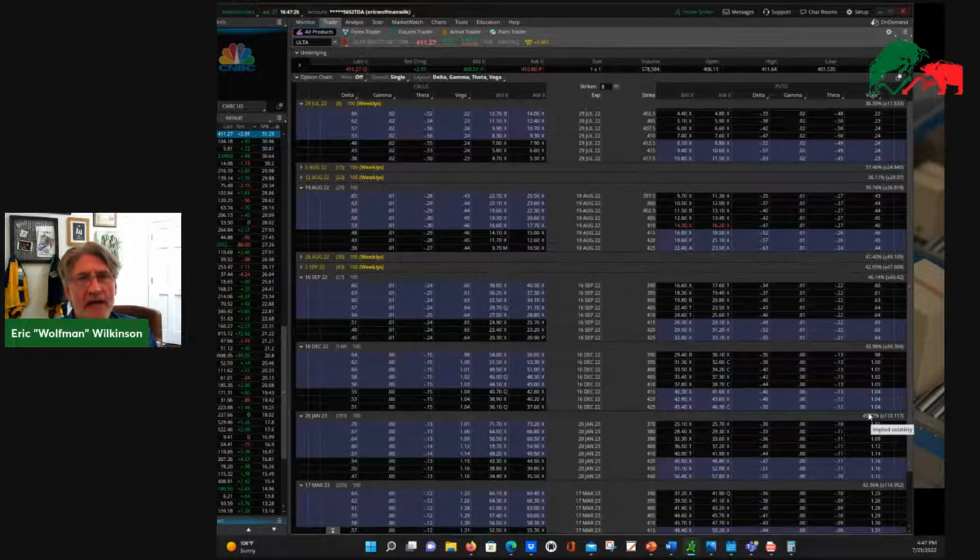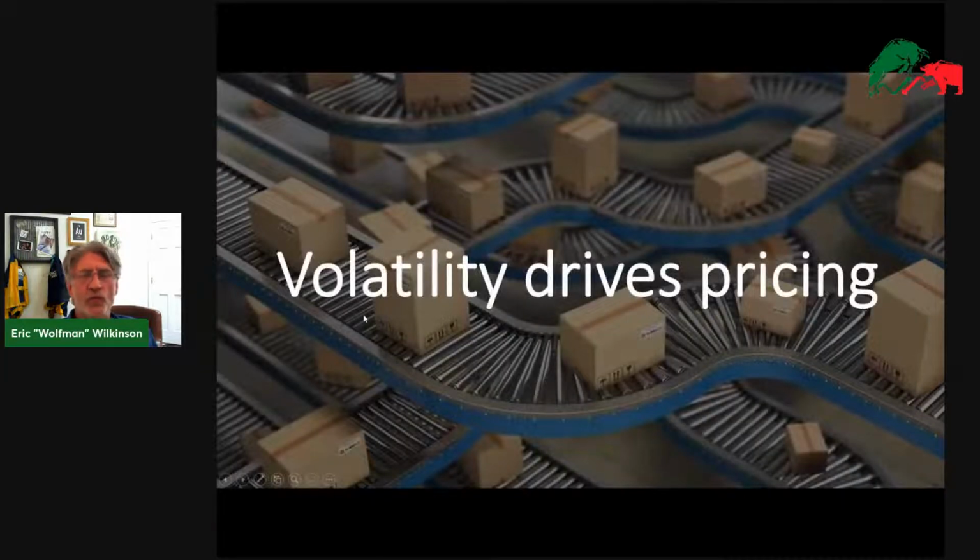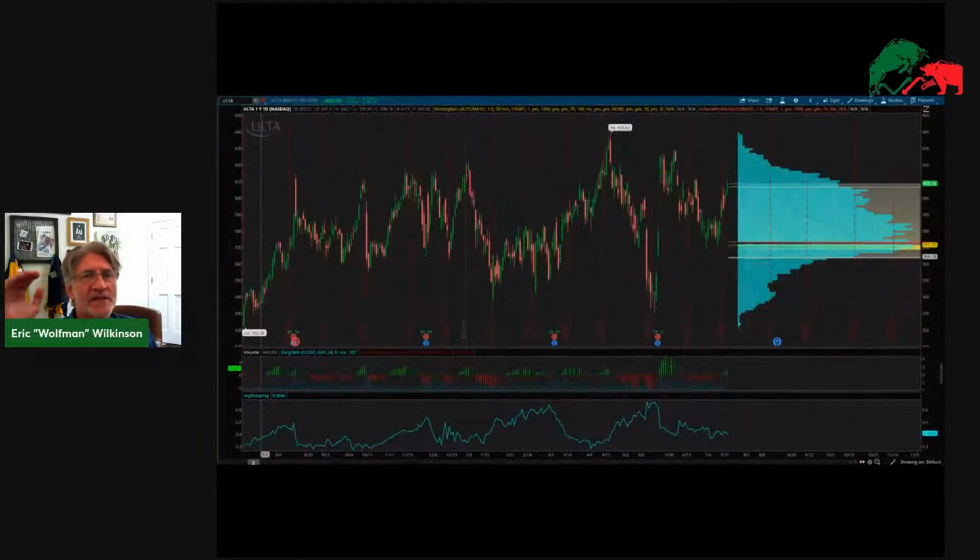So yes, the further options are more expensive, but the thing that is driving the real pricing here is volatility. It's the one that is going to make those prices expensive or cheap, right? Because theta is finite. We know at 130 or 183 days that there is a finite amount of theta, or time decay, in there, because that time decay has got to all come out.